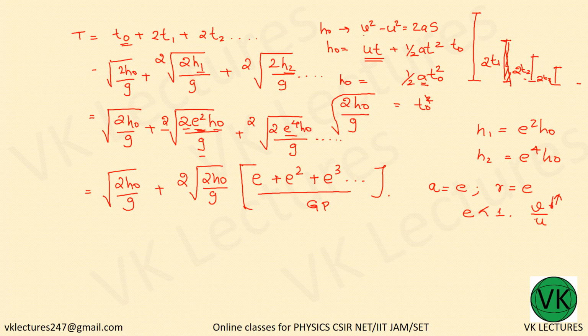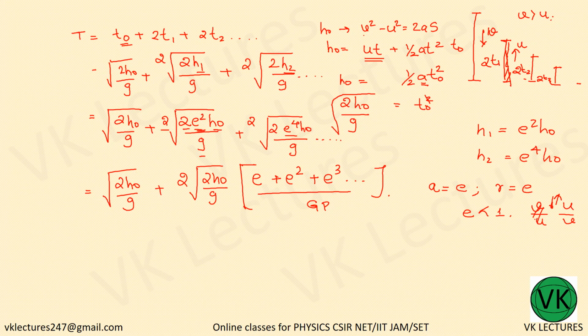For example, if it is going down, this will be v, and if it is going up, this is u. So v will be always greater than u. This will be u by v.